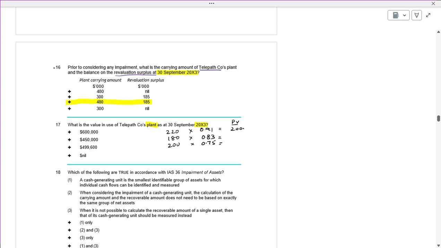Take the decimals also. 220 times 0.91 is 200.2. 180 times 0.83 is 149.4. 200 times 0.75 is 150.